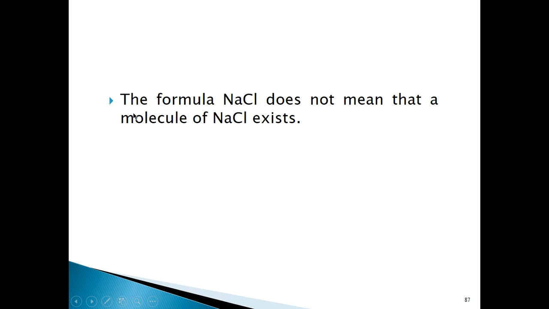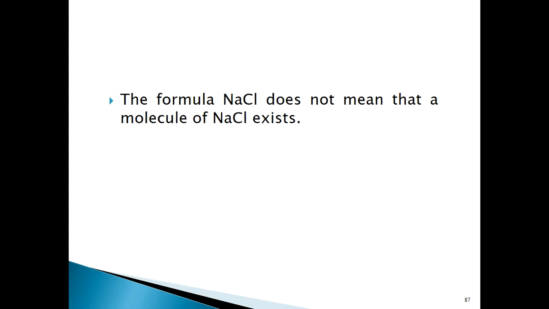Now, please note, and this is true for every ionic compound, there's no such thing as a molecule of an ionic compound, all right? We talked about molecular compounds before, and we talked about the fact that molecules are basically discrete units, which is a collection of atoms that are held together by covalent bonds, that do not exist in the case of ionic compounds.